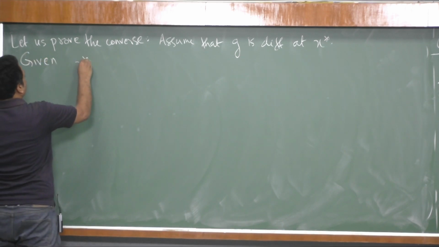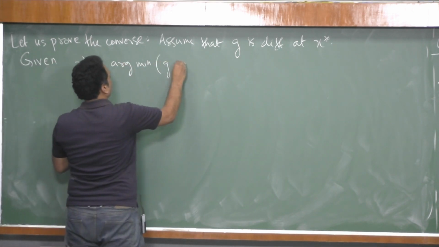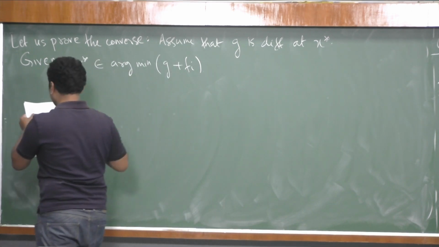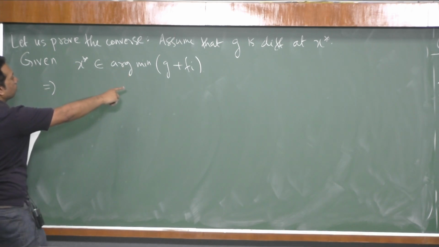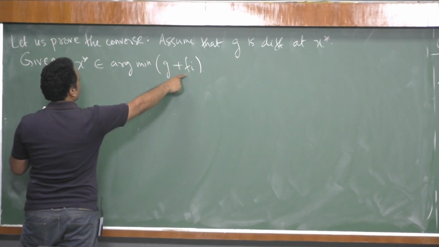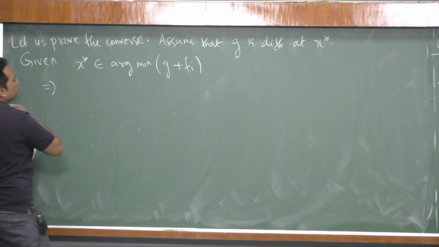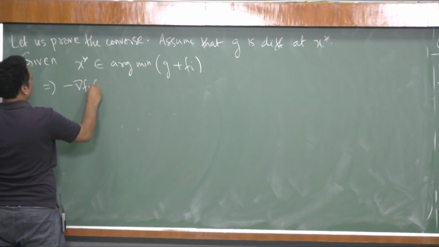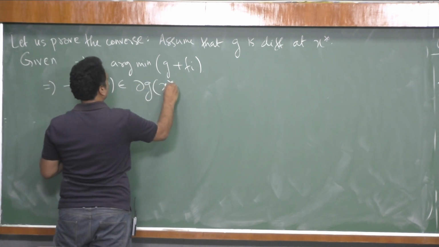From there we deduce, since x star is in there, again by Fermat's theorem, that minus grad fi x star is in the subdifferential of g at x star.